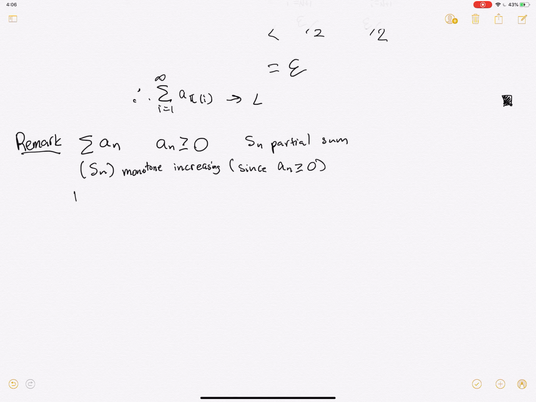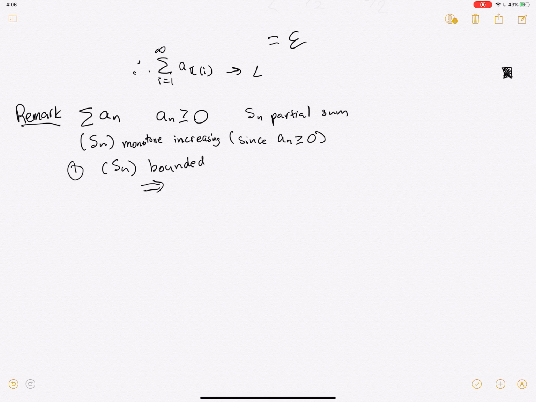So if S_n is bounded, then since it's monotone increasing and bounded, this sum converges by the monotone convergence theorem.